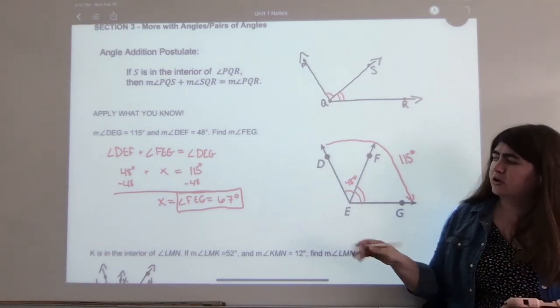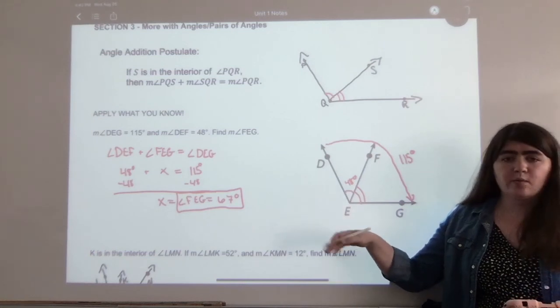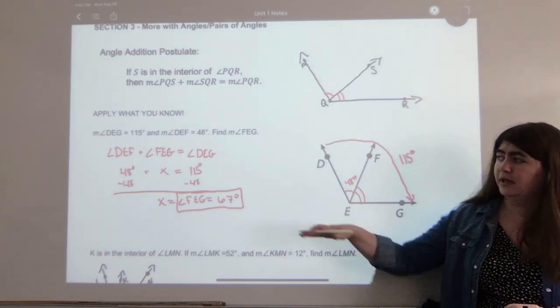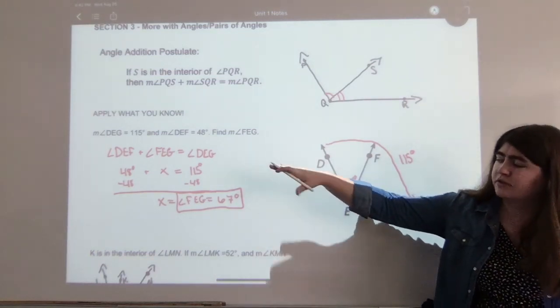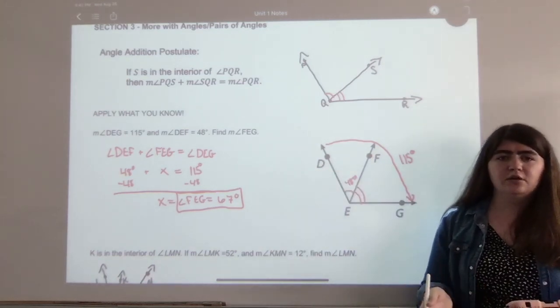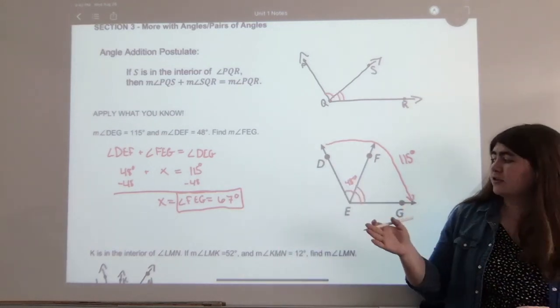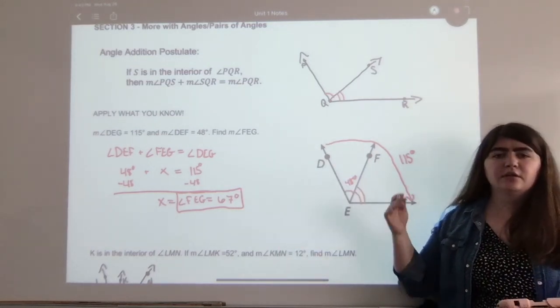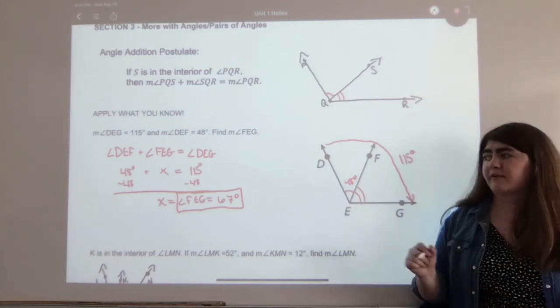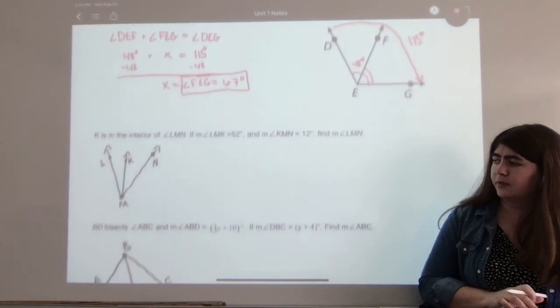Now you may have already noticed that 115 minus 48 over here. For this example, I wanted to show our work in the postulate, so that is why I'm setting it up like that. If I'm asking you to use the angle addition postulate, you need to write it in that form. If I'm just asking you to find the missing angle, then you can just write 115 minus 48. All right, let's look at a couple more examples here.